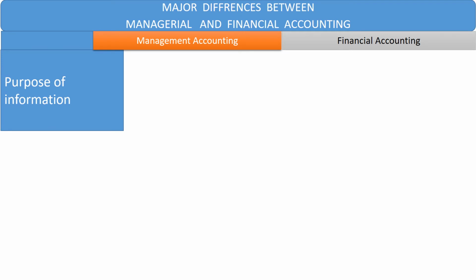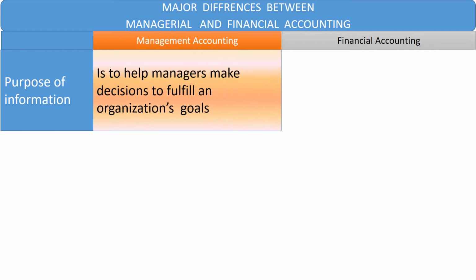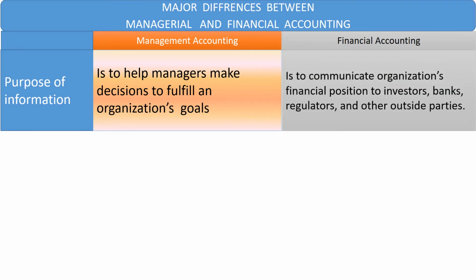From the point of view of objectives of information, in management accounting, it is to help managers make decisions to fulfill an organization's goals. But in financial accounting, it is to communicate organizations' financial position to investors, banks, regulators, and other outside parties.